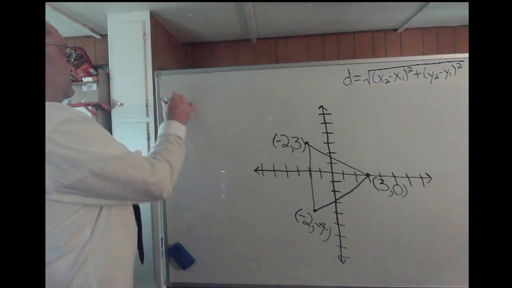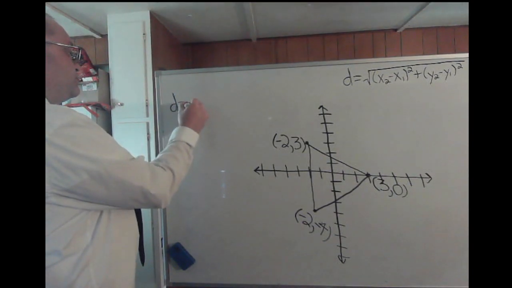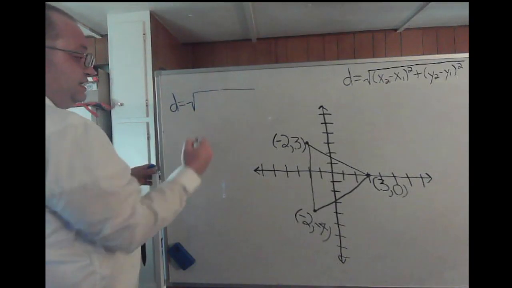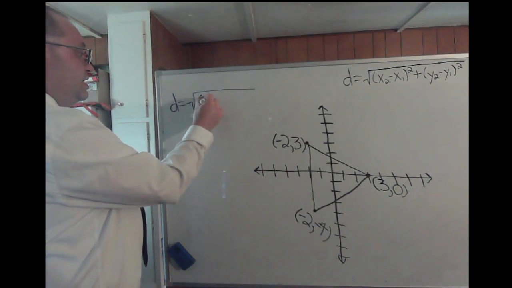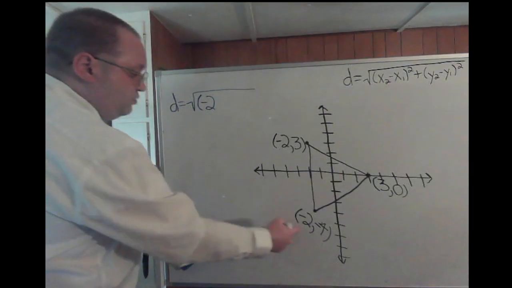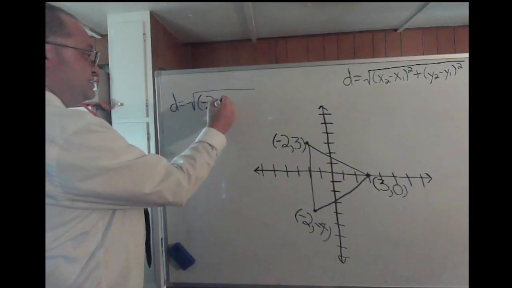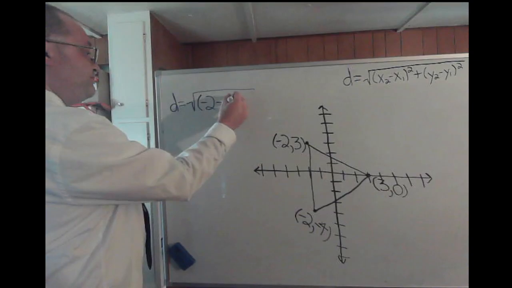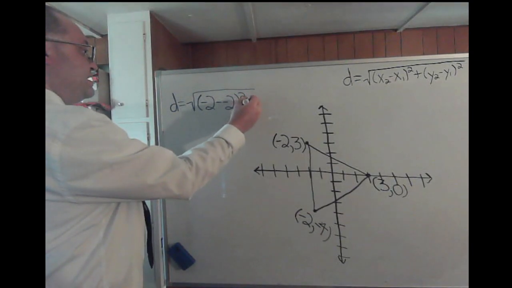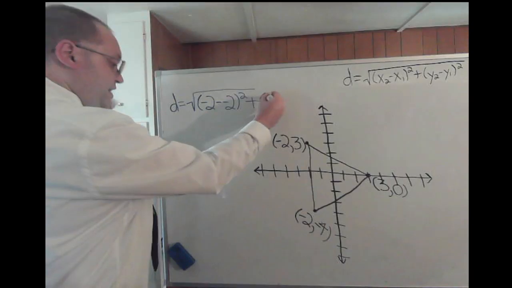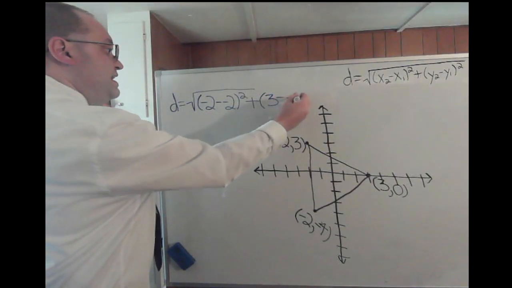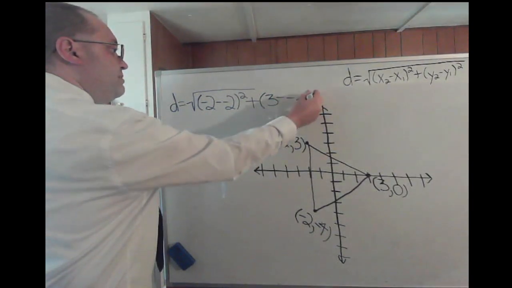So the distance will be equal to the square root of, let's see, x2 is -2, minus x1, which is minus -2, that quantity to the second power, plus y2 is 3, minus -4, to the second power.